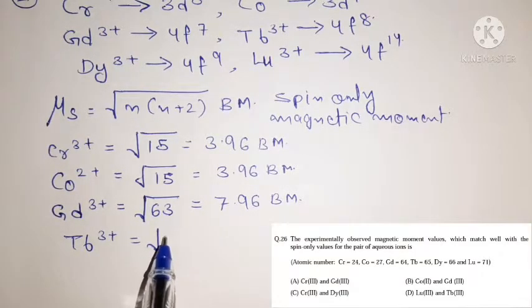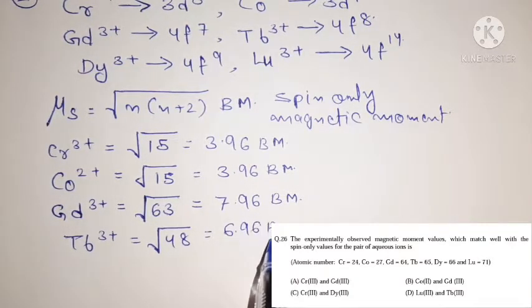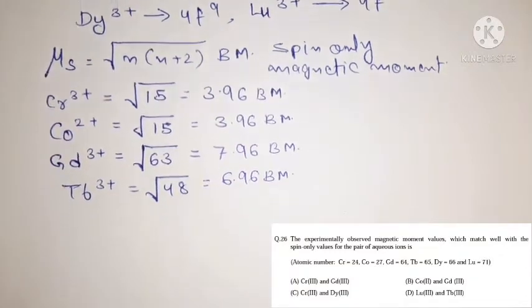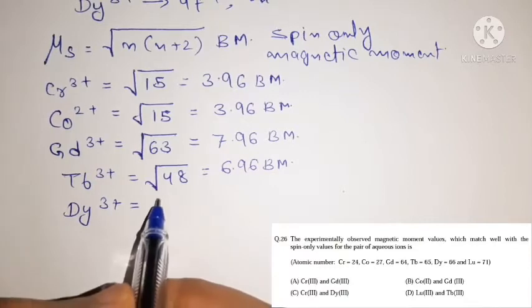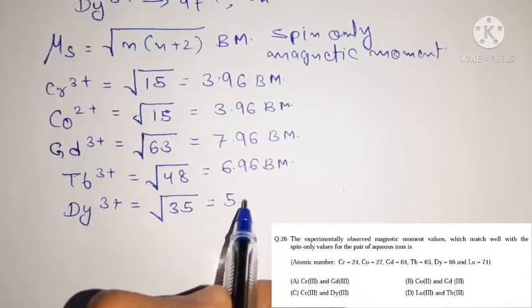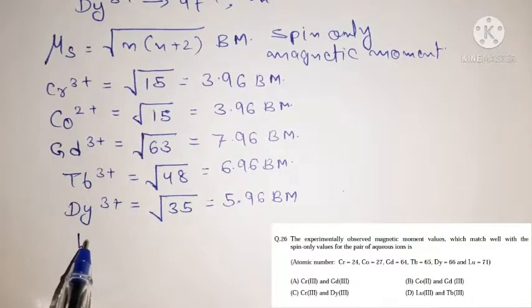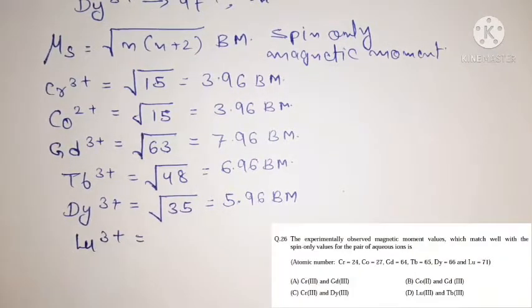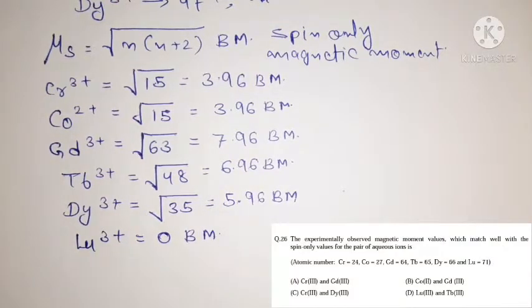So its value will be under root 48, that is 6.96 Bohr magneton. In dysprosium 3 plus, the number of unpaired electrons will be 5. So the value of mu will be under root 35, that is 5.96 Bohr magneton. And in lutetium 3 plus, the number of unpaired electrons will be 0, so the value of mu will also be 0. Okay, so this is the value of mu for different metal atoms.